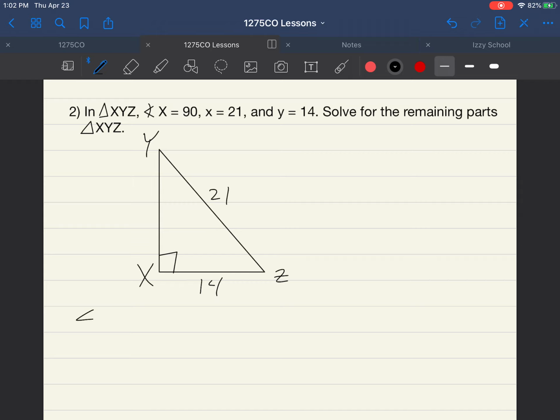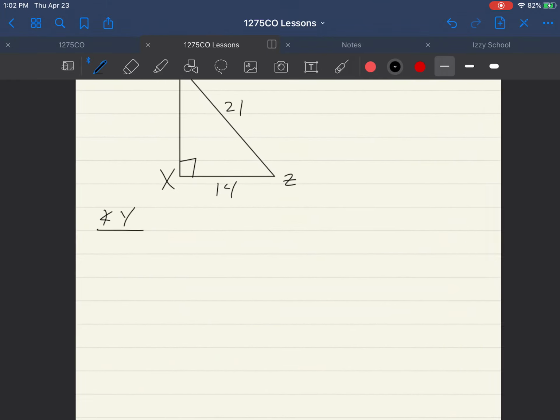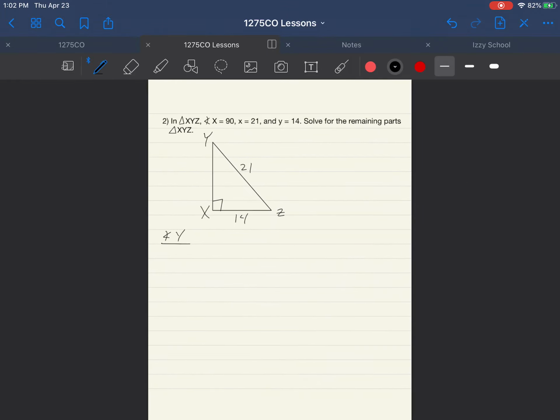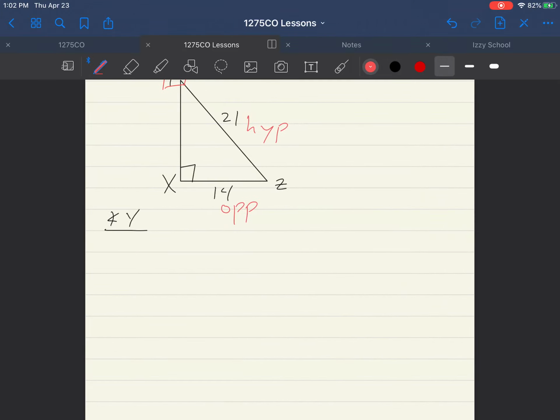Let's solve for angle Y first. So the information that we're given, we have an angle of focus up here. That means opposite and hypotenuse here.